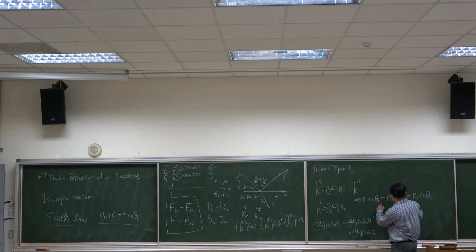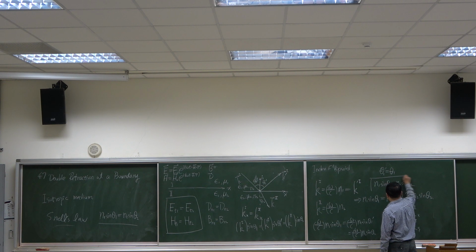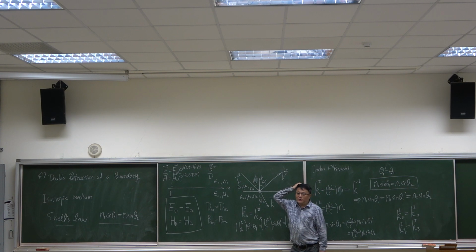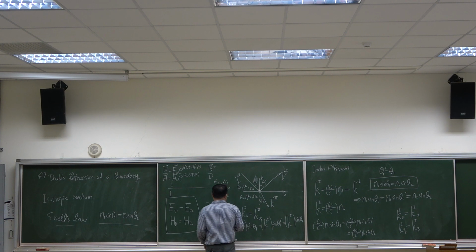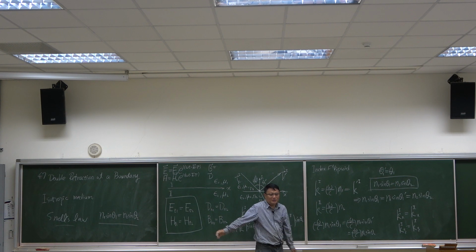So according to this, we find theta 1 prime is equal to theta 1, and n1 sine theta 1 is equal to n2 sine theta 2. This is Snell's law. So what is Snell's law? Snell's law is in fact just the phase connection condition.